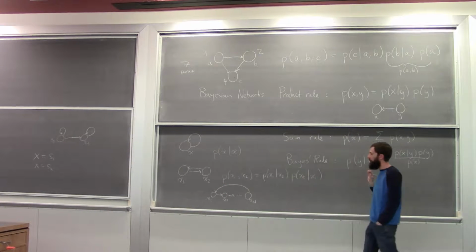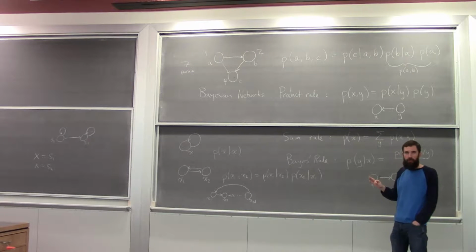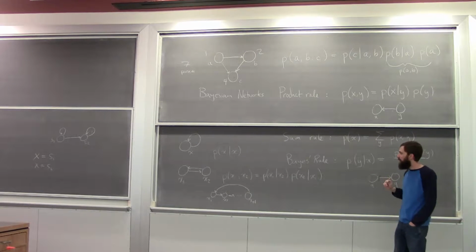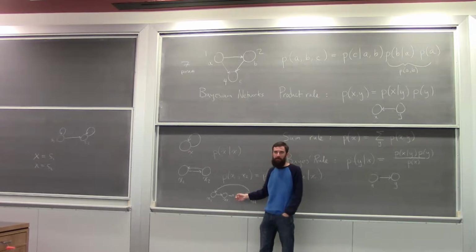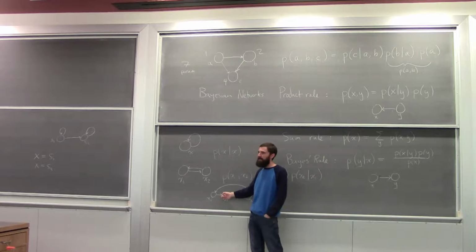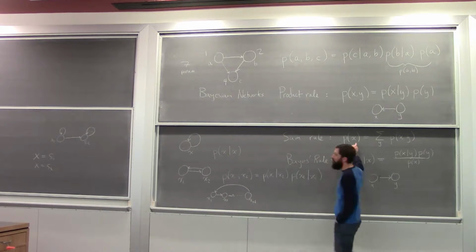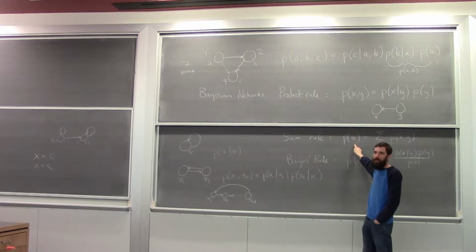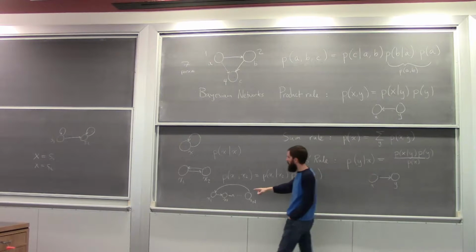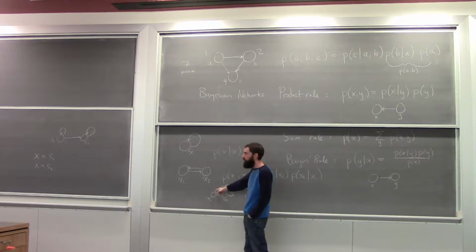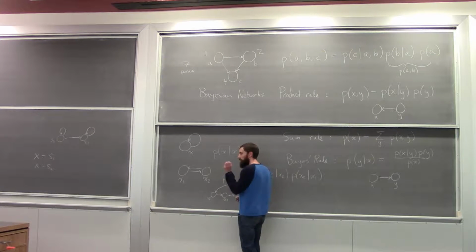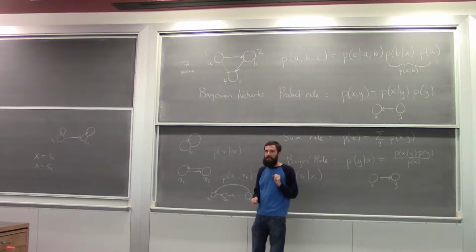Okay. Now, how do we see that? I'm not going to give a formal proof, but just the basic argument. Anytime I have somebody in the middle of a chain here, I can always integrate this node out. If I multiply the conditional distribution of x2 given x1 and everything together, and then just sum over x2, I could basically pull this node out, marginalize it out.